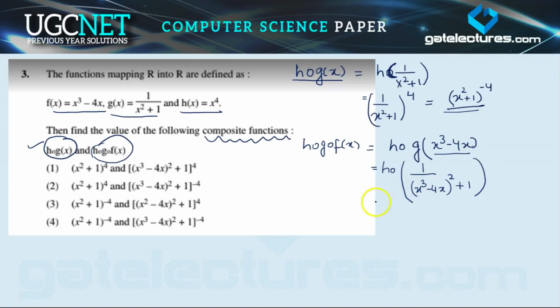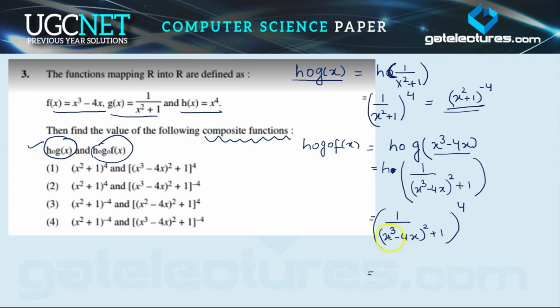Now h(x) is x power 4, so for the x value, write it down first: (x cube minus 4x) whole square plus 1, and the power is 4.